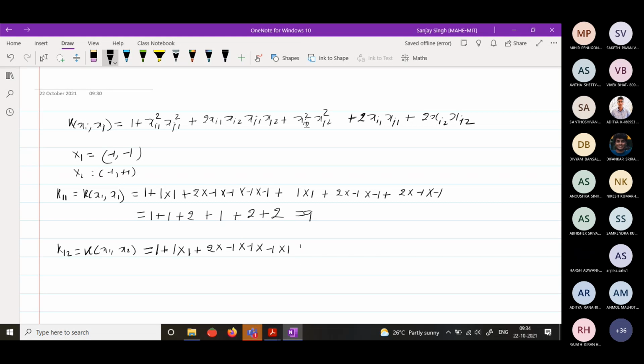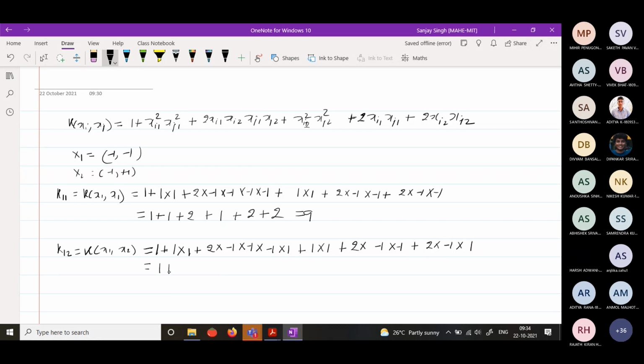So 1 plus this is 1 into 1, no problem. Here 2 into -1 into -1, no problem. 2 into xi2 is -1 but xj2 is 1, so due to that the values will change.